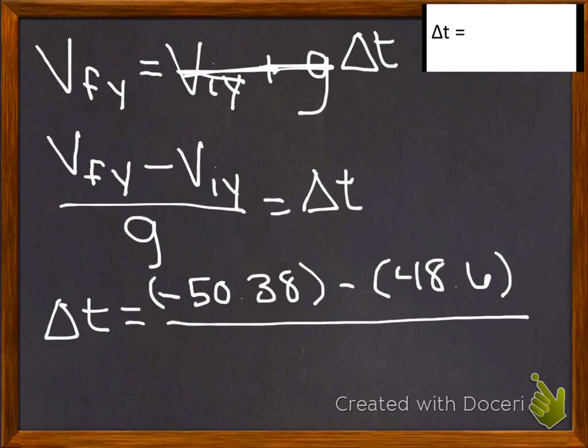And we're going to divide that difference by our g, negative 9.81. I told you it would show up in every problem. So you plug that into the calculator, and we're looking at just over 10.1 seconds.